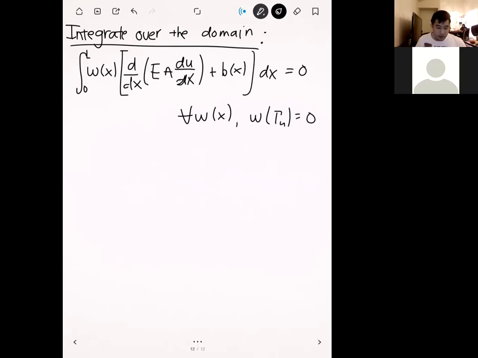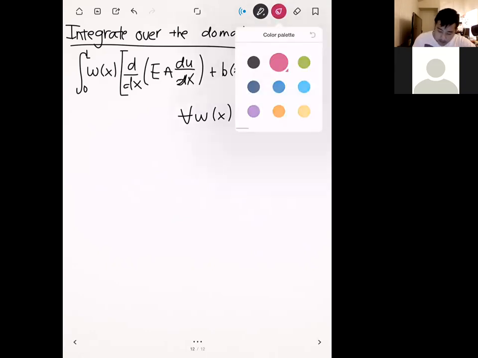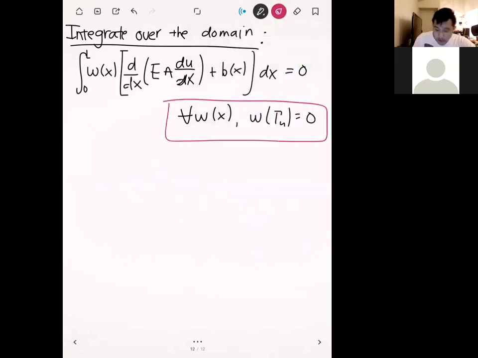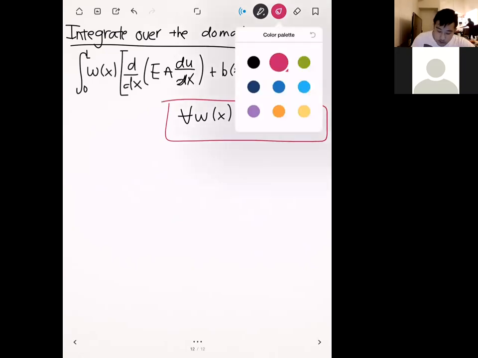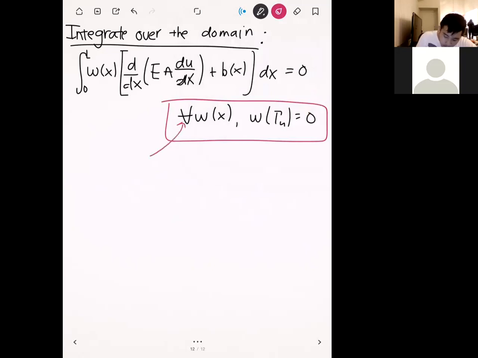Okay. What I've written here is the integral of our expression from 0 to L, and then I've included this little caveat right here, which describes our requirement on W. If you've never seen this symbol, it's short for "for all."